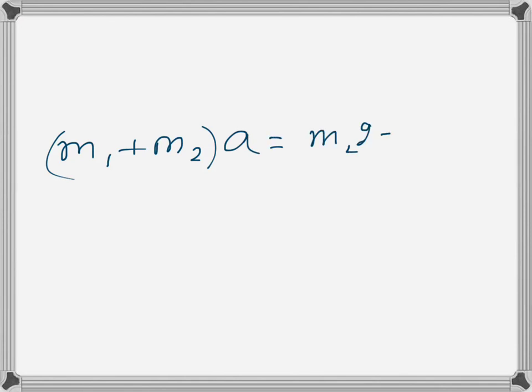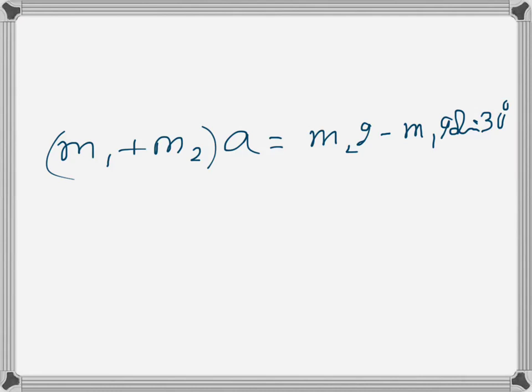So we can write the equation as m1 plus m2 times a equals m2 g minus m1 g sine theta. So the difference will be m1 plus m2 times a, because both of the blocks will have the same acceleration, and that times mass will be the force acting in that direction.